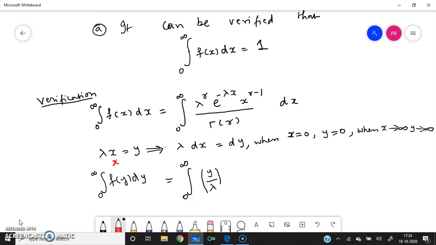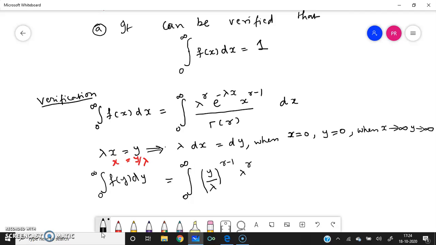So in the place of x I can write y divided by lambda, the whole to the power of r minus 1.